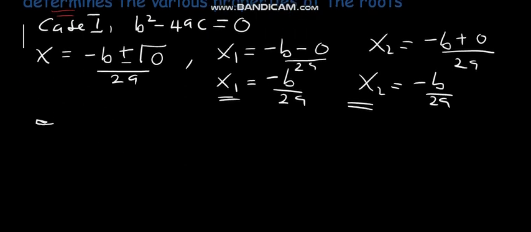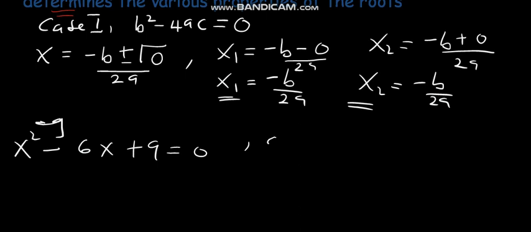Example: x squared minus 6x plus 9 is equal to 0. Our a is 1, our b is negative 6, our c is 9.